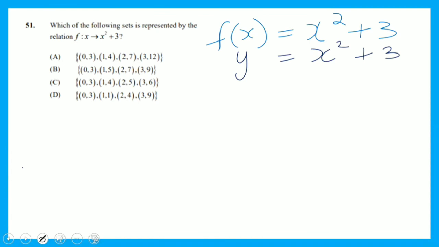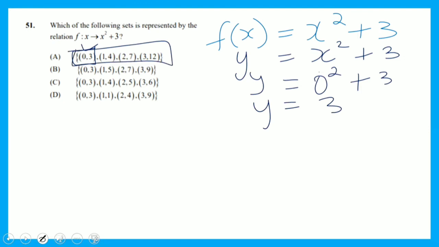You can say, okay, let me put in the x value. So we're going to test the first one. X value is 0. So 0 squared plus 3. And once we work that out, it's telling us that y should be 3. Is that the case here? Yes. But let's test the rest of the pairs.